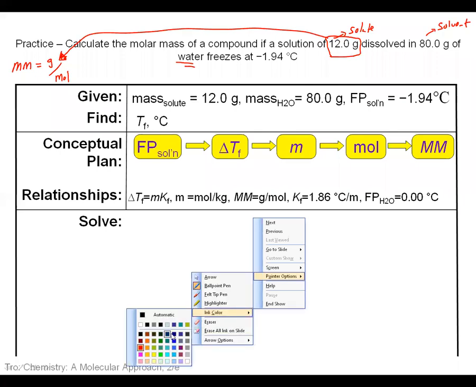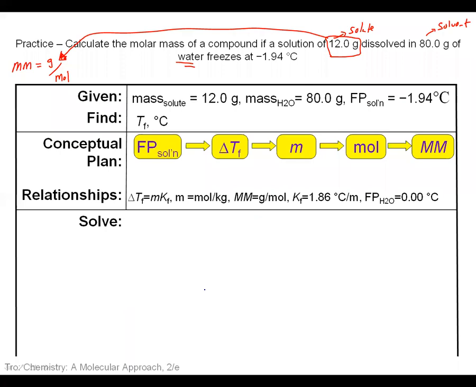In this particular case, it tells us that this solution will freeze at minus 1.94 degrees Celsius. So we can use the freezing point equation to help us figure out the moles part. Let's see how we could do that. We know that delta TF is equal to m times KF.